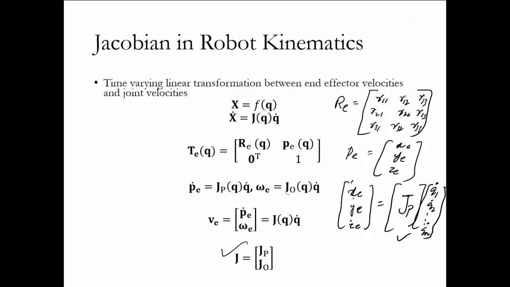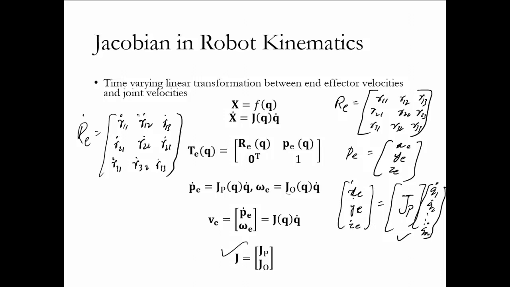But when we see RE, if we do RE dot, we will have something like R11 dot, R21 dot, something like this. So we'll have again 1 vector, 2 vector, and 3 vector.